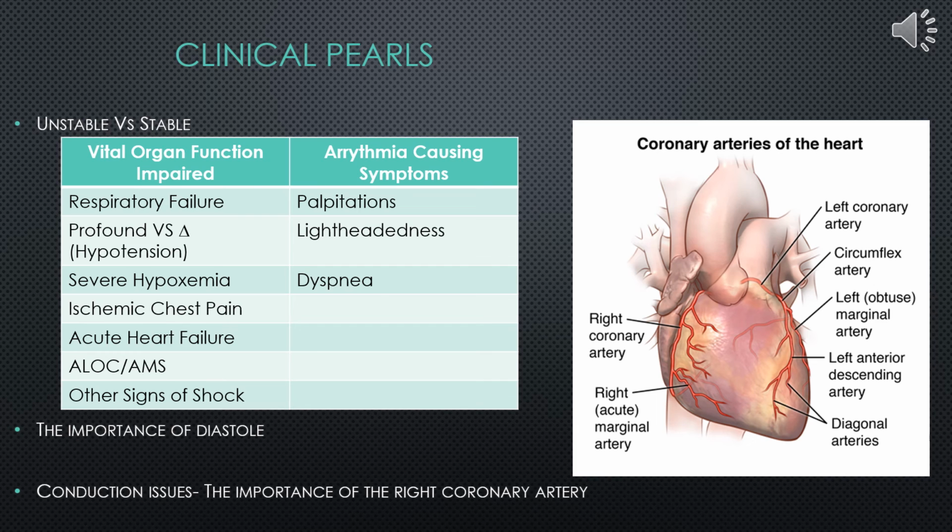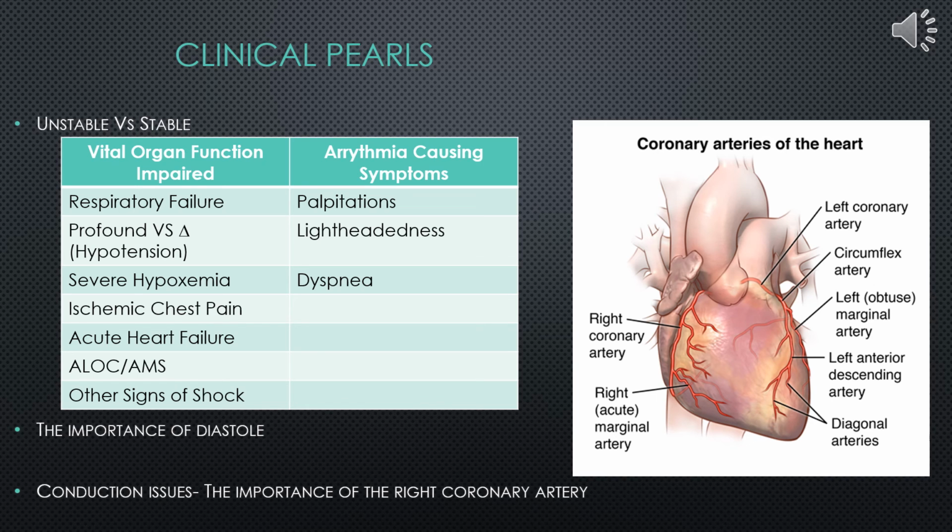So when we're looking at an unstable cardiac change that's reflected in EKG, we're going to see that vital organ function is impaired. And when this organ function is impaired, cardiac arrest is imminent generally. Treatment is required immediately, no delays for these kinds of unstable arrhythmias and rhythm changes.